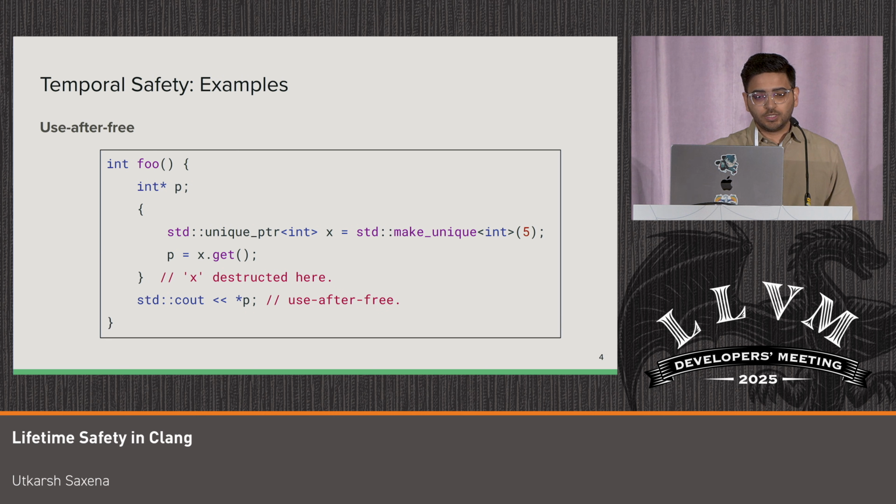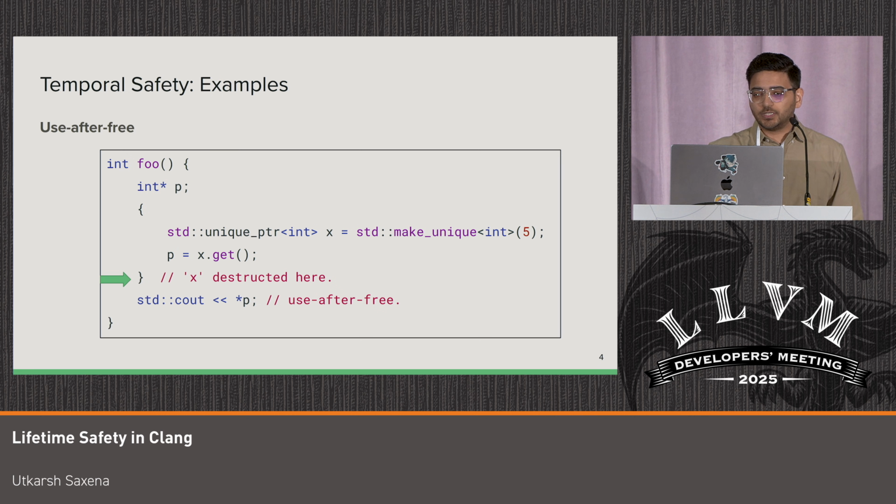Let's quickly see what a use after free issue looks like. At some point in your program, it creates memory somewhere. It could be on the stack, it could be on the heap, it could be a stack-managed heap object, for example, what you see on the screen. Next, while the object is alive, we alias it and store a pointer to it in a variable.